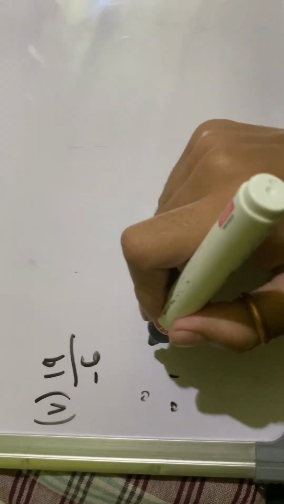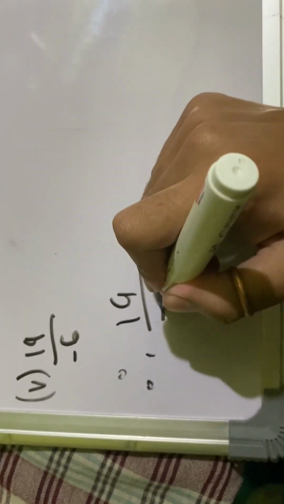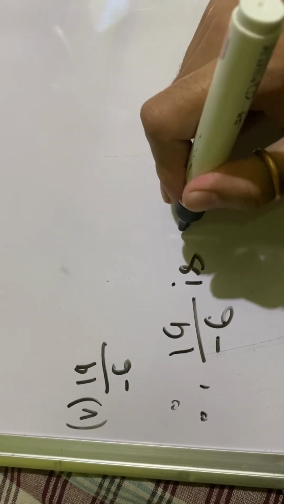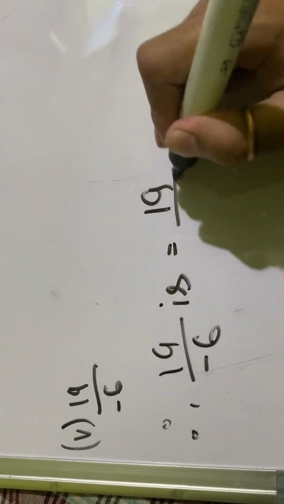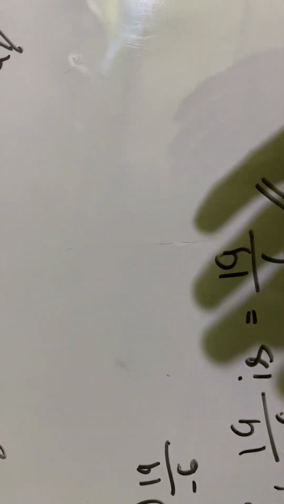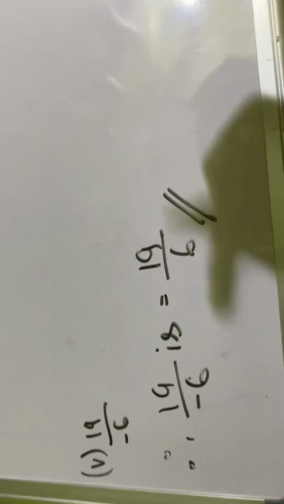Therefore the additive inverse of 19 by minus 6 is 19 by 6. So we have completed question number 2, all the questions. So we move to question number 3.